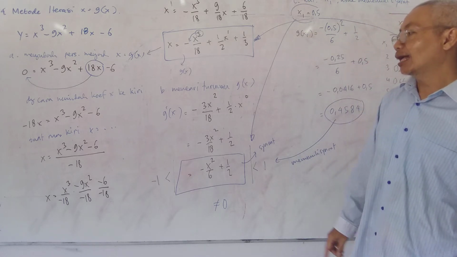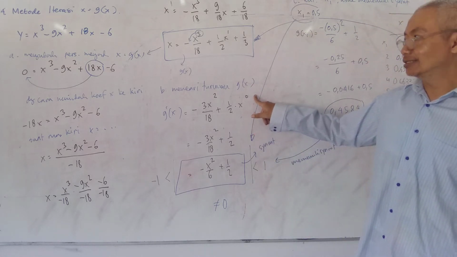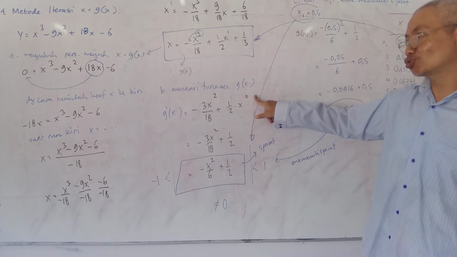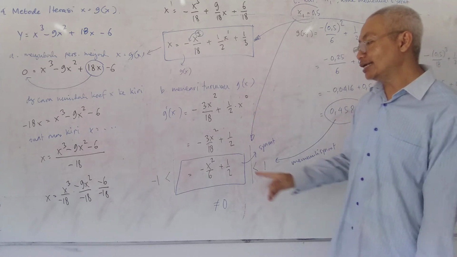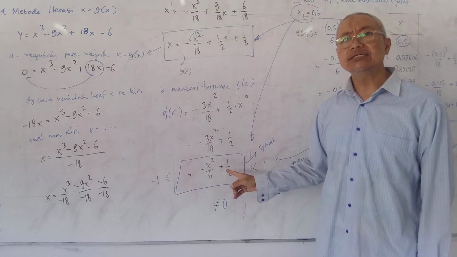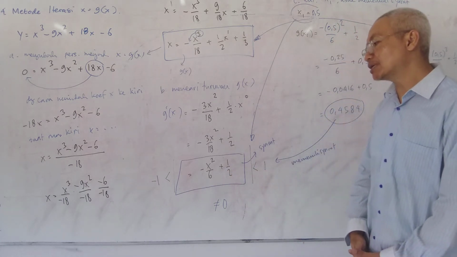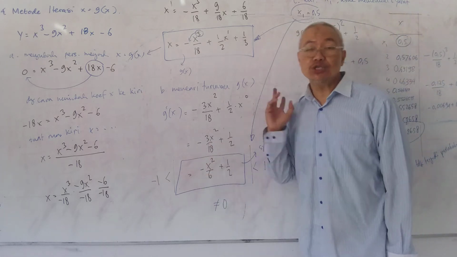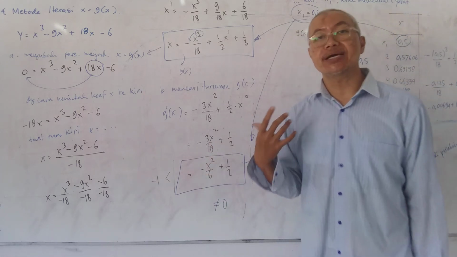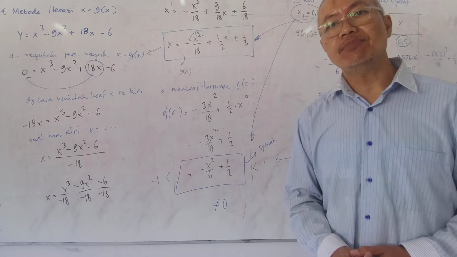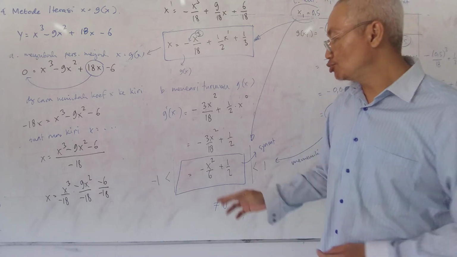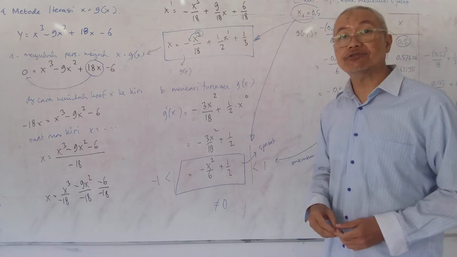Okay, the derivative of the equation is minus x squared per 6 plus half. This one we use for the requirement. Okay, for the next step, for the iteration, we can use this equation for the requirement.